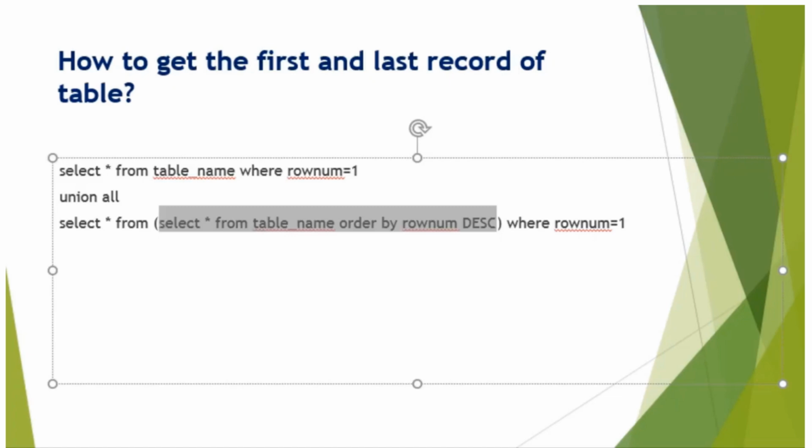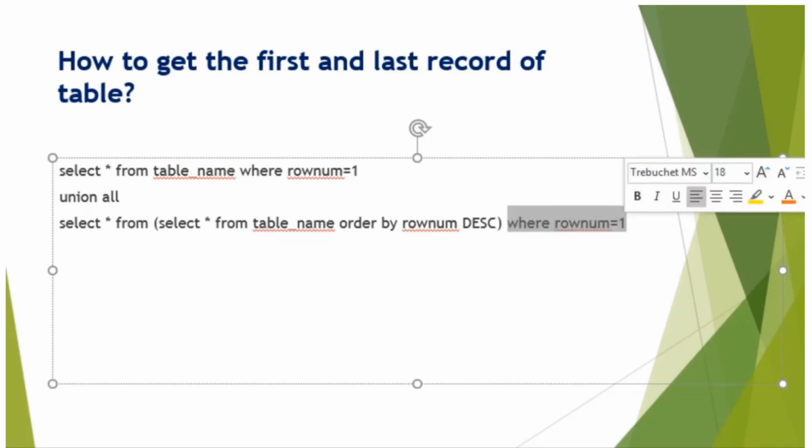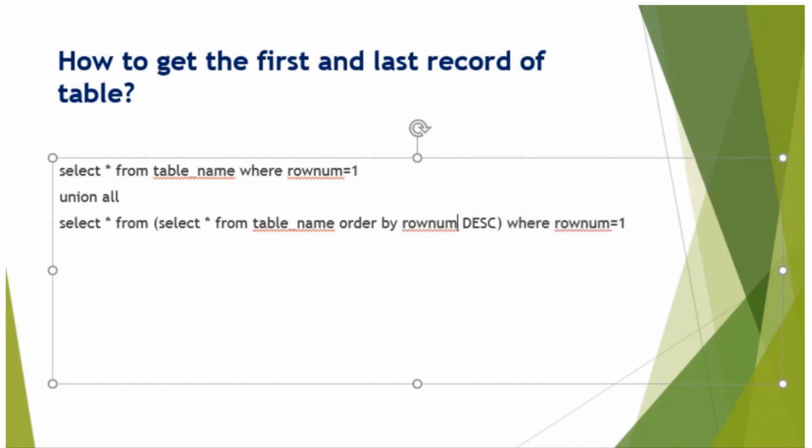After we reverse the record order, I'm passing this select query result to another select query. It takes these records and displays them, but I have given the filter where rownum equals 1. Again it will take the first record of that result set, which is nothing but the last record, as the first record in this subquery.